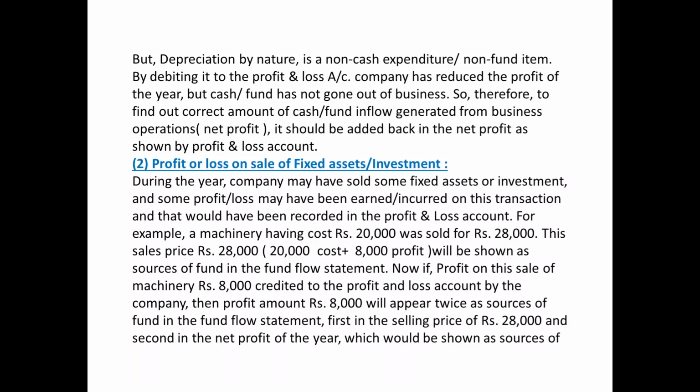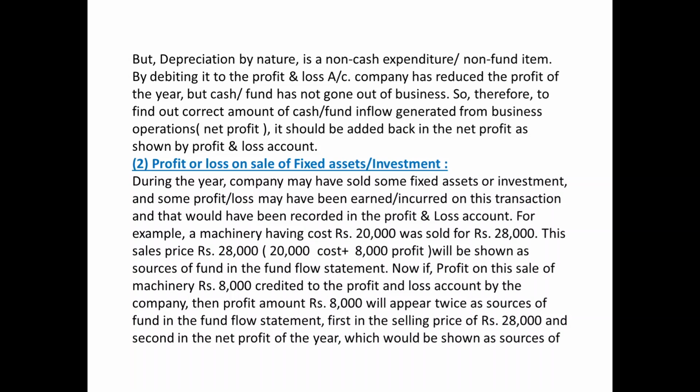For example, a machinery having a cost of rupees 20,000 was sold for rupees 28,000. This sales price of rupees 28,000 includes two components: one, 20,000 rupees cost, and second, 8,000 rupees profit.